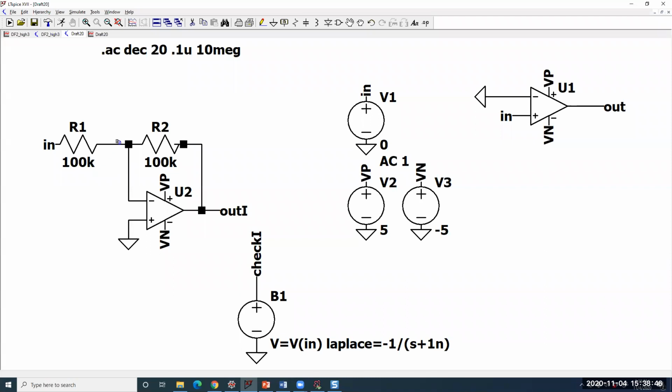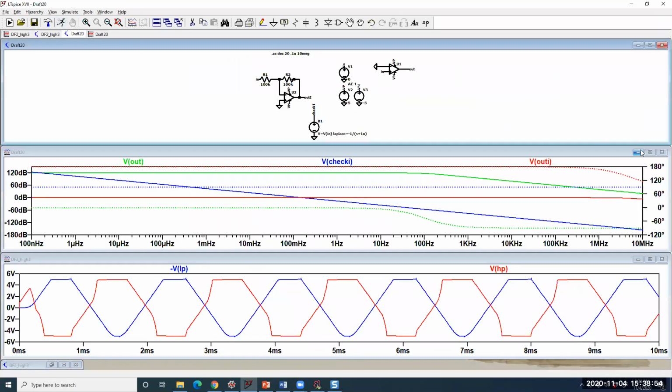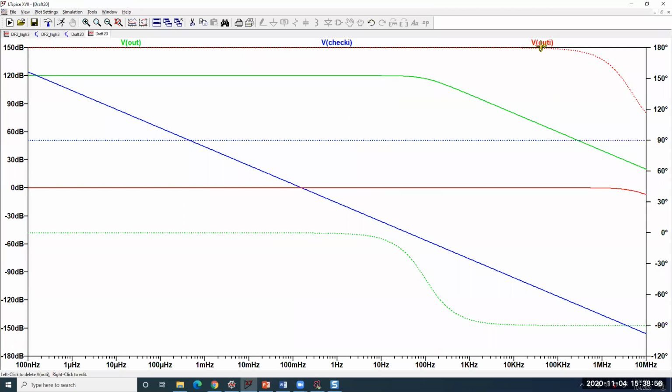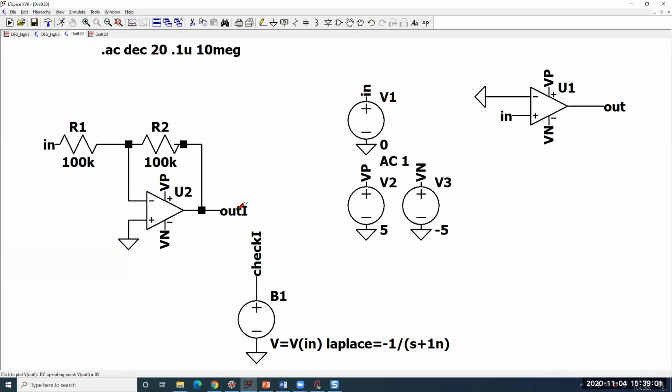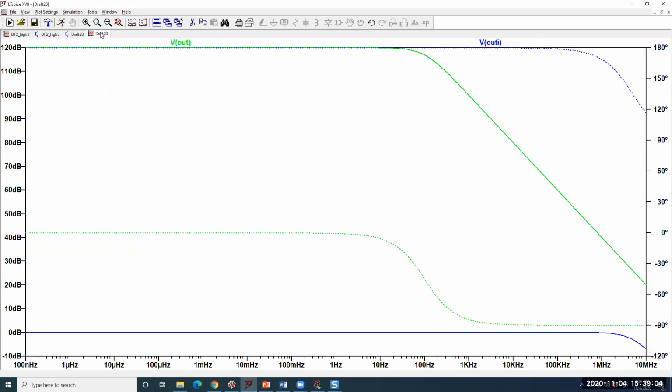Now the gain should be -1, right? Or 0 dB, and then the phase would be different. All right, let's just get rid of our check function. So notice the gain is 0 dB, and it starts rolling off even before it gets to this here.